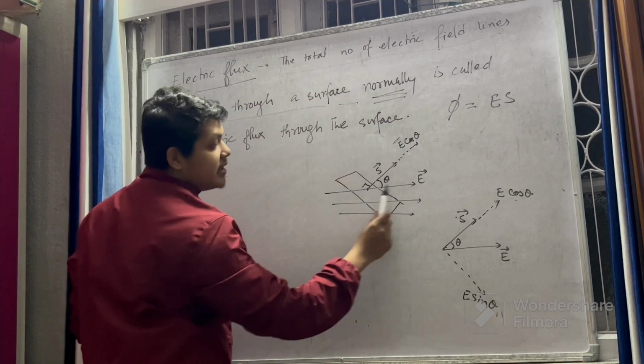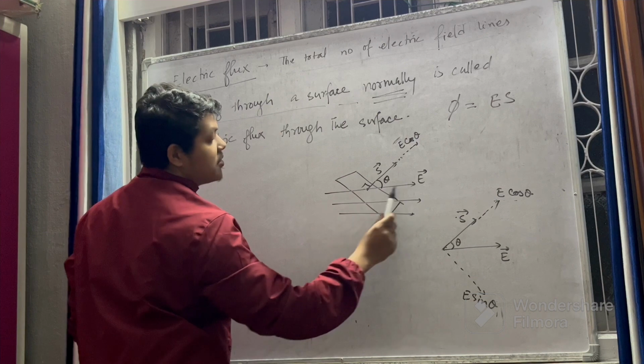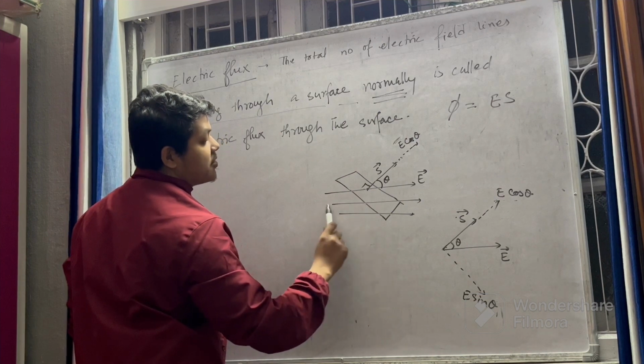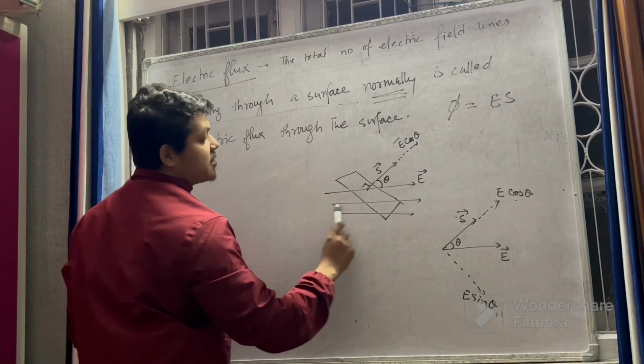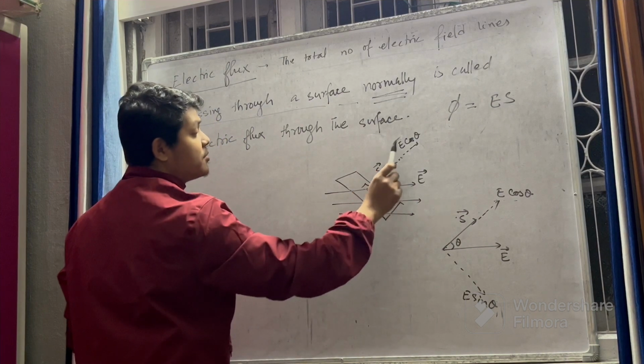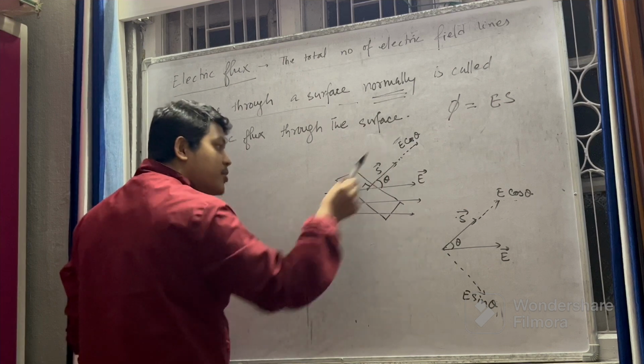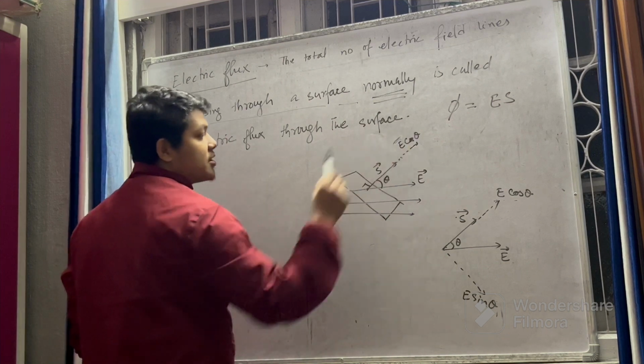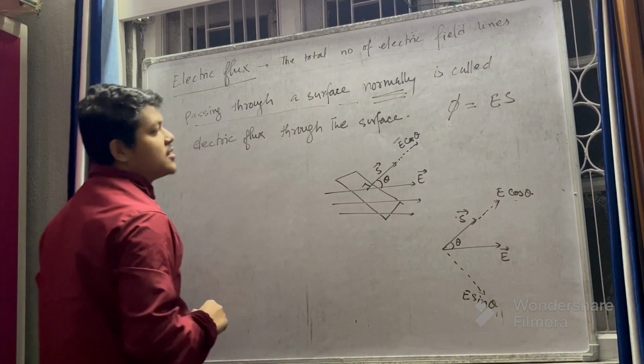Here this electric field is not normal to the surface, they are not passing through this surface normally. So we have to take that component which is passing normally through the surface, which is E cos theta, right?